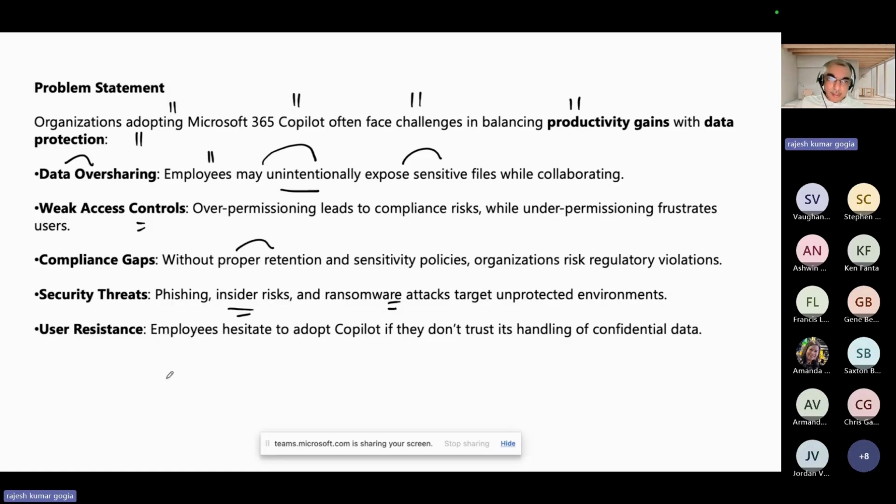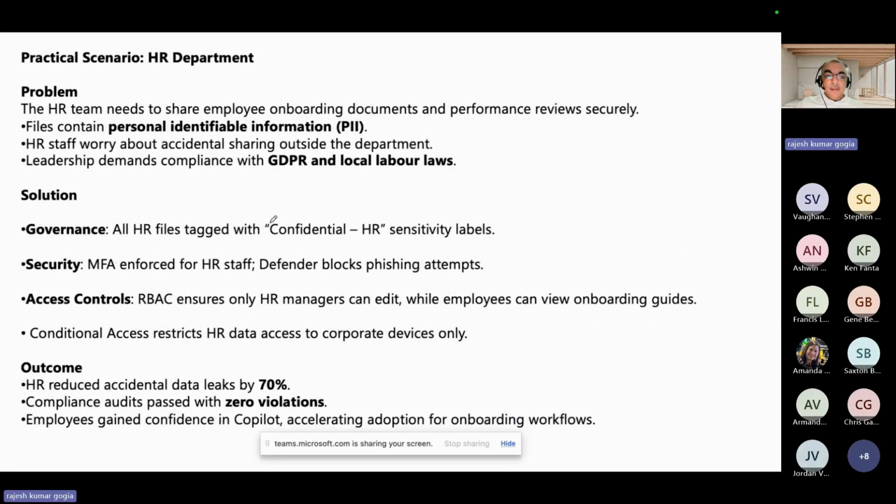Looking at this situation, all of these scenarios can be applicable to any kind of department. And the solution which is coming in is very close to what we have been discussing so far. Same thing: a file contains personal identification information, or HR staff worry about accidental sharing, and the leadership demands compliance with the GDPR and local labor laws.